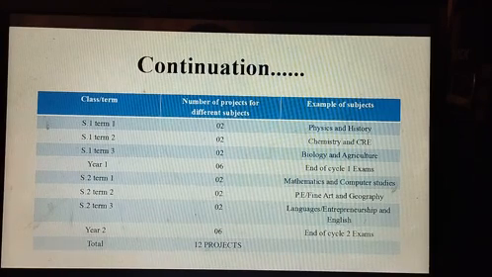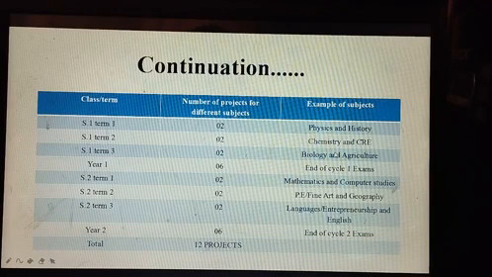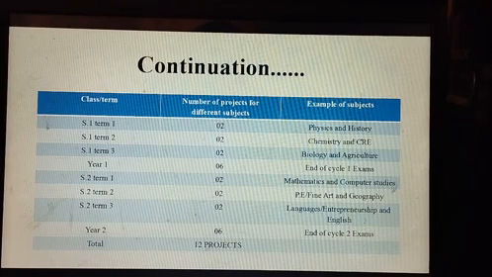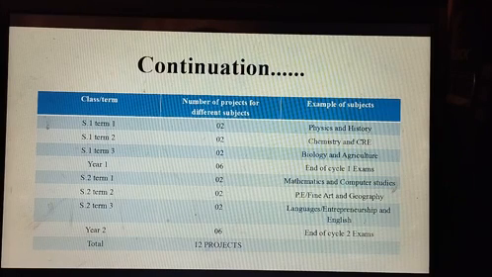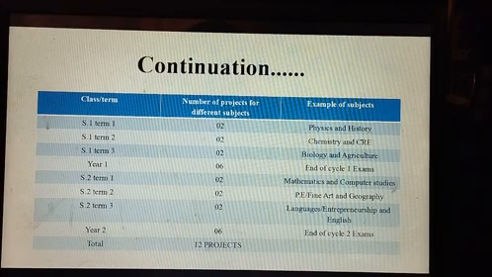Then we do the same in senior 2. The subjects done, projects done in senior 1, must be covered again in senior 3 or 4. So no need of coming back to the project of physics or history when I'm in senior 2. No. We go to other subjects. Let's say we didn't do the project of mathematics in senior 1, so we do it in senior 2.